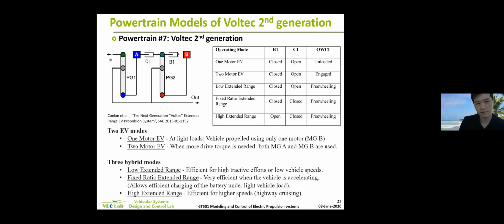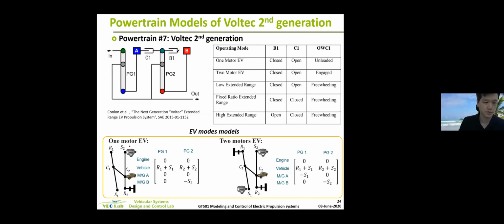There's a 7th powertrain, which is one of the most complicated ones. Voltec 2nd generation. It has 5 modes, 2 clutches, and 2 PG. So there's 1 motor EV, 2 motor EV. So this is EV. This is HEV.